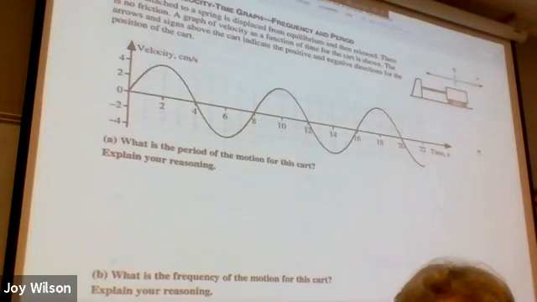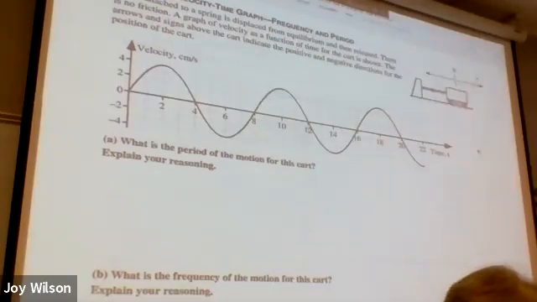So a car is attached to a spring, displaced from equilibrium and released. There is no friction. Hallelujah. The graph of the velocity versus time is shown. The arrows and signs above the cart indicate the positive and negative directions for the position of the cart. Okay. So this is a graph of speed versus time, yes?